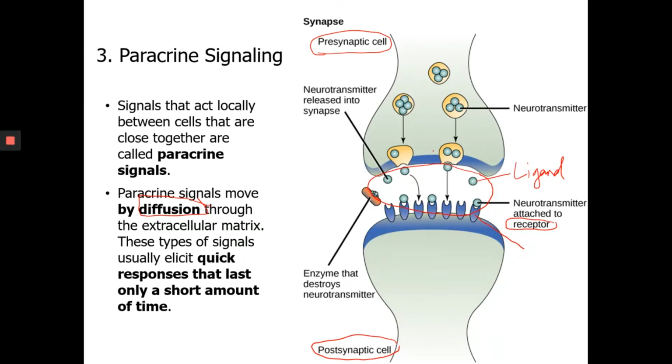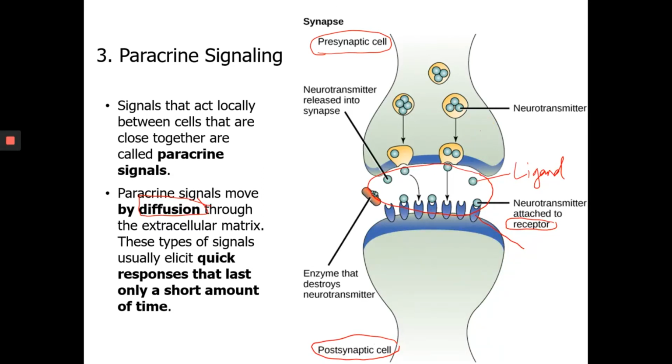So this is a high concentration, this is low. So these ligand molecules are going to diffuse, and once they bind to the receptors right here, this is going to trigger a cascade of chemical reactions. And this is how the signal is transmitted from the signaling cell to the target cell.